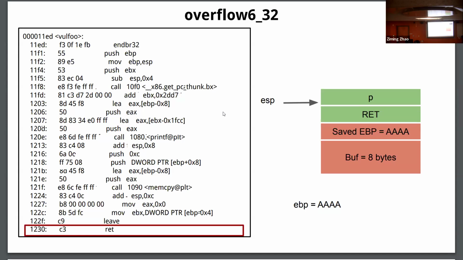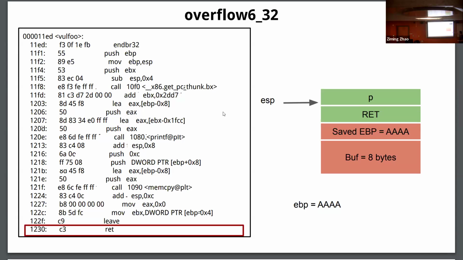That's the saved EBP. That's actually the EBP value of the caller function of the current function. The main function calls Overflow. So when main calls Overflow, the main function's own EBP value is saved here. And that EBP points to the main function's own stack frame, which is somewhere up there. Right?